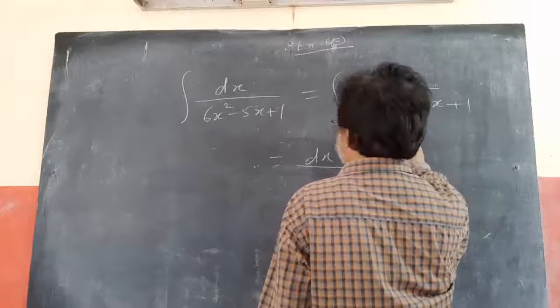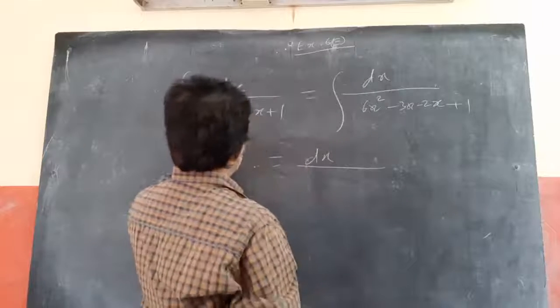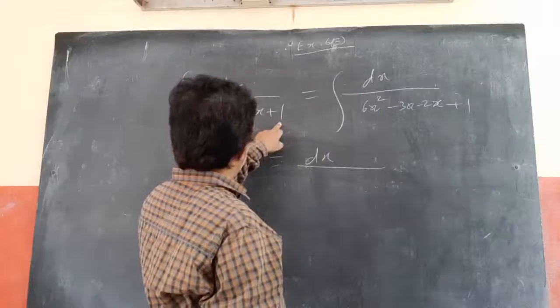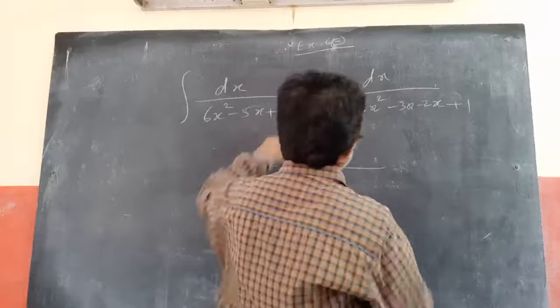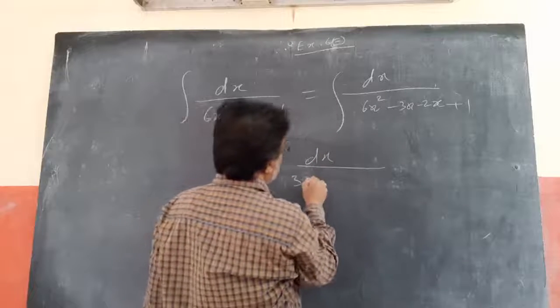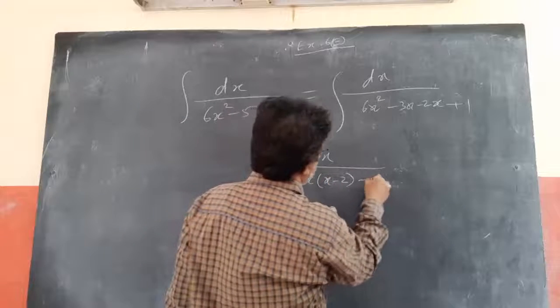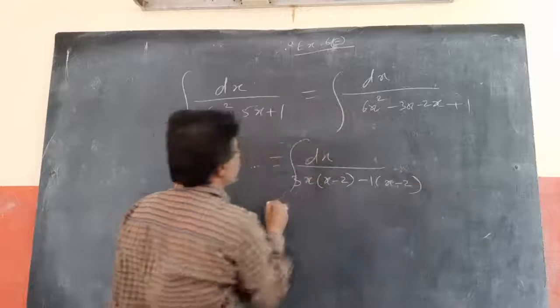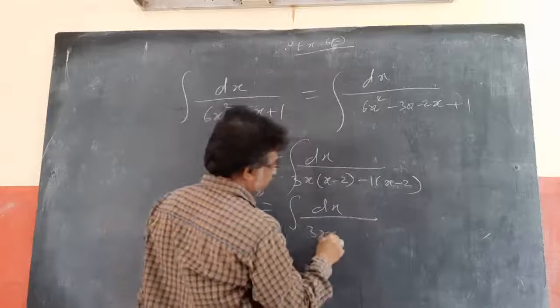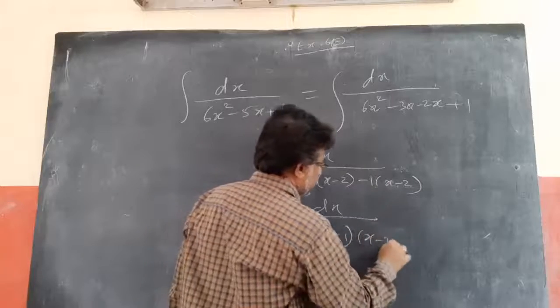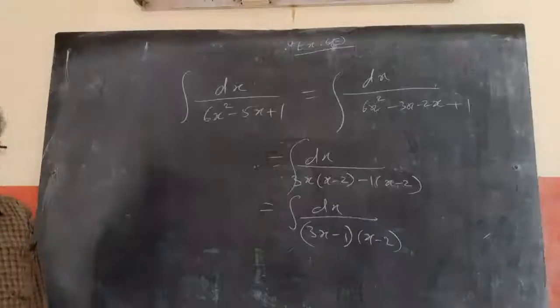So you finally get integral of dx by (3x minus 1) into (x minus 2).